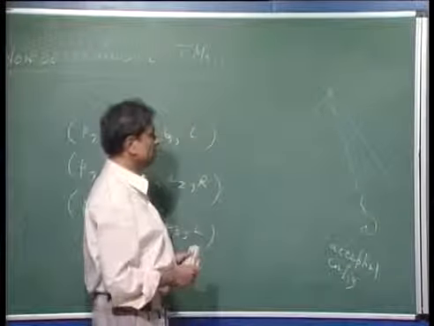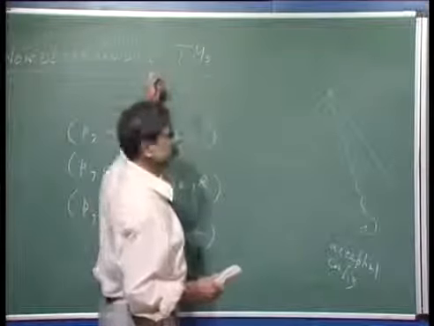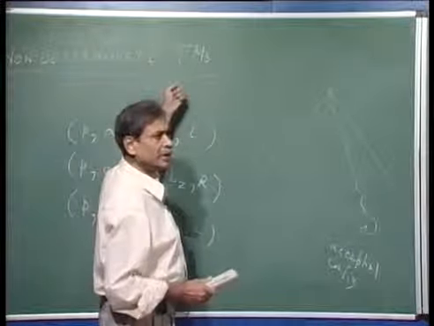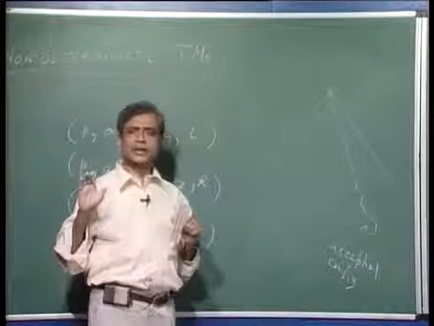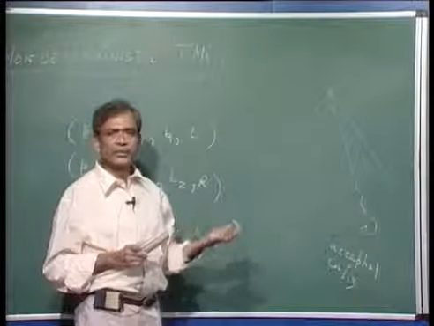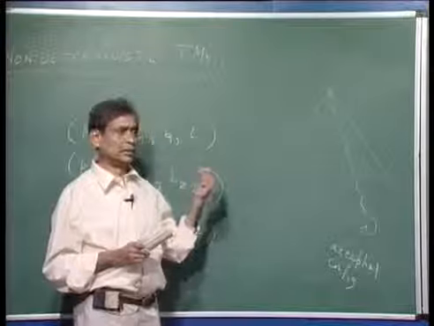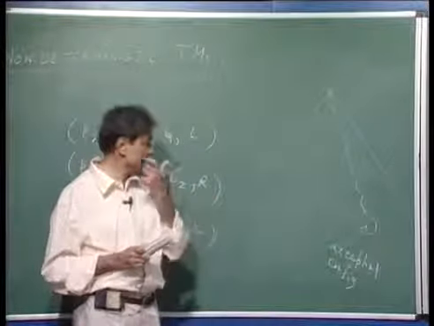In that case, we say the input would be accepted by the non-deterministic Turing machine. The definition is very similar to other non-deterministic situations that you might have known, namely finite state machines and pushdown automata. At least for these two you have seen non-deterministic versions.